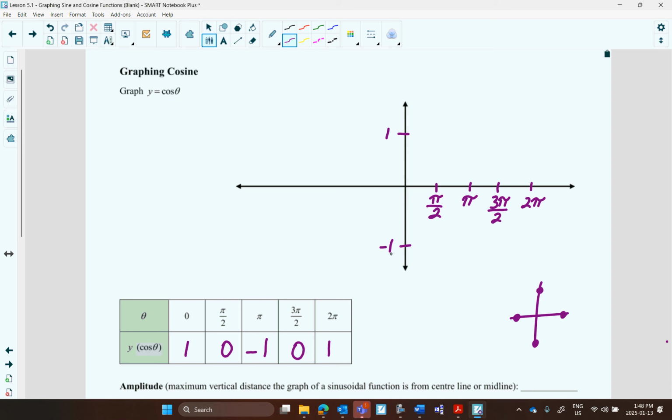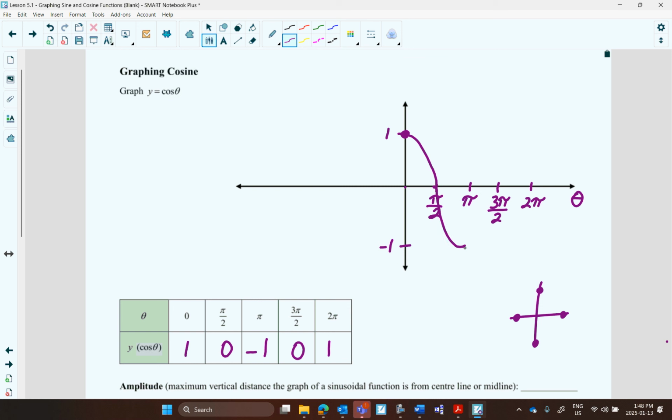Except this time, remember with sine, we started at the origin. Normally we start our cycle on the y-axis. When you graph these things, always start on the y-axis. So for sine, on the y-axis, it was when theta was 0. But this time, with cosine, it's going to start up here. And then it's going to follow the same pattern. It's going to come down and hit the theta axis, or the x-axis.